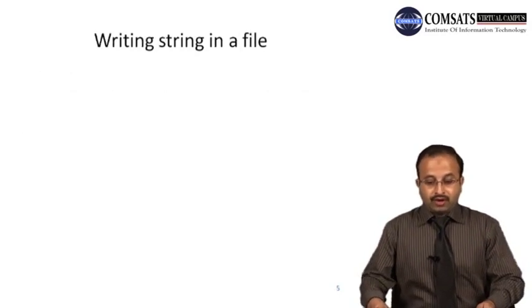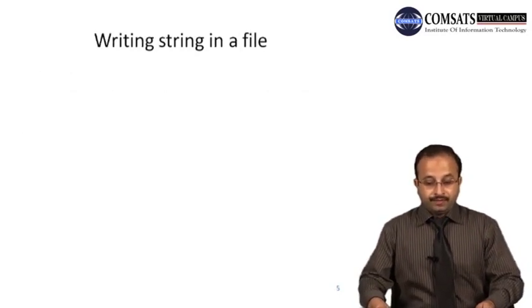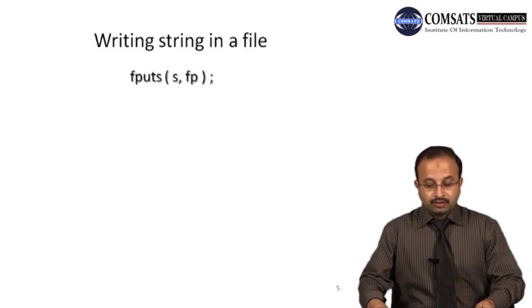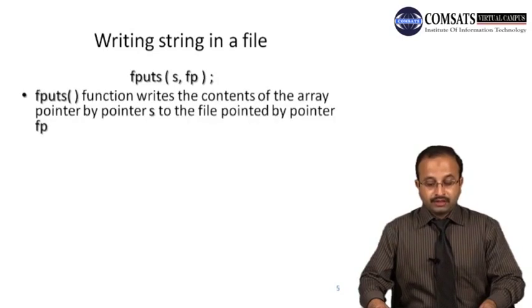Now let's see how we can write a string in a file. For this we use a function fputs. We pass two parameters to that function. First is the base address of the string and second is the file pointer. So function fputs writes the content of the array pointed by pointer s to the file pointed by pointer fp.